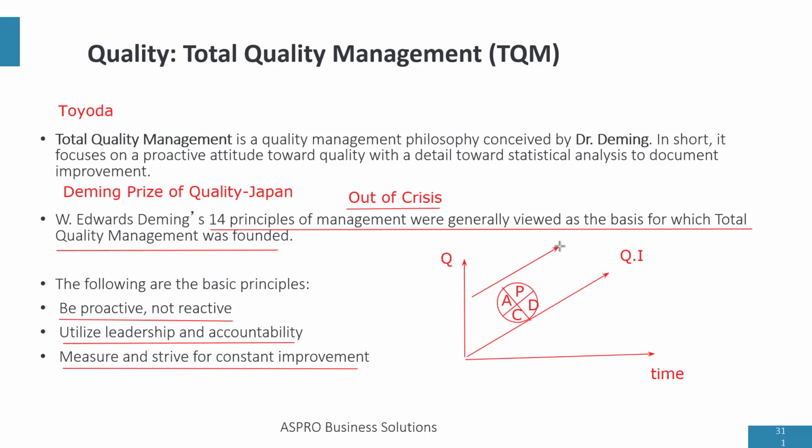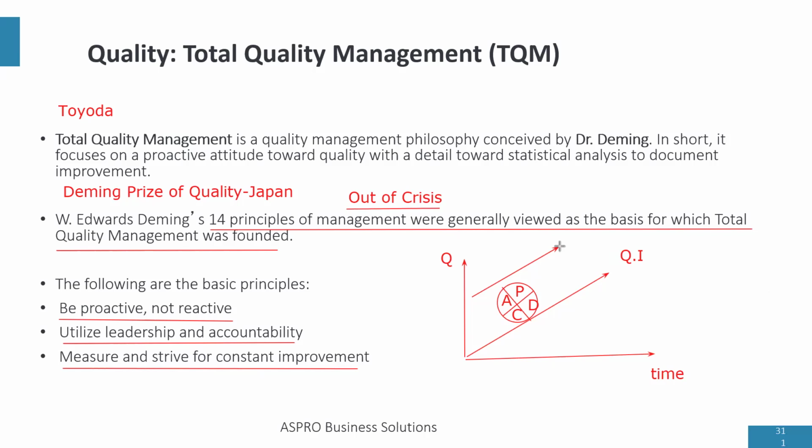P stands for plan, and plan is where we look at problems that we need to solve and come up with solutions that can solve the problem. Then do is to implement each solution and test which solution is the best. Check is where we check the results, and act is where we implement the best solution.